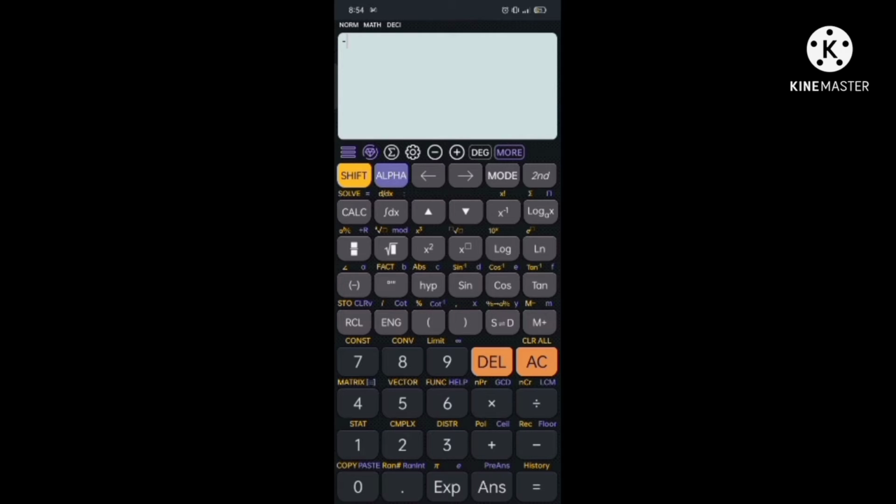Negative 16 over 28.28. So our answer is negative 0.56, or rounded, 0.57.